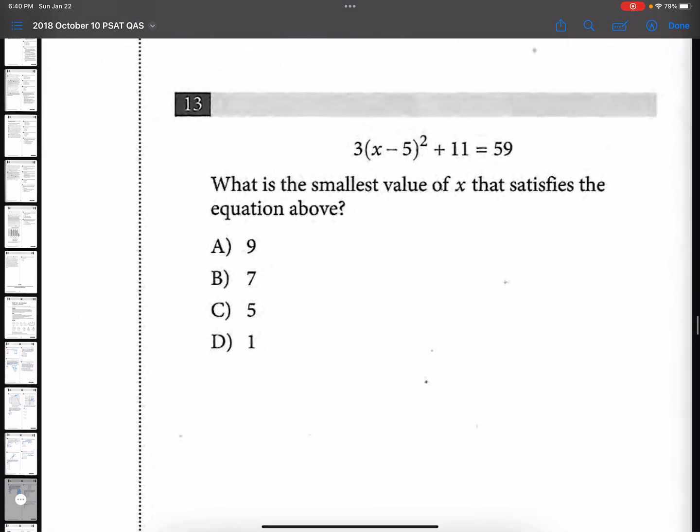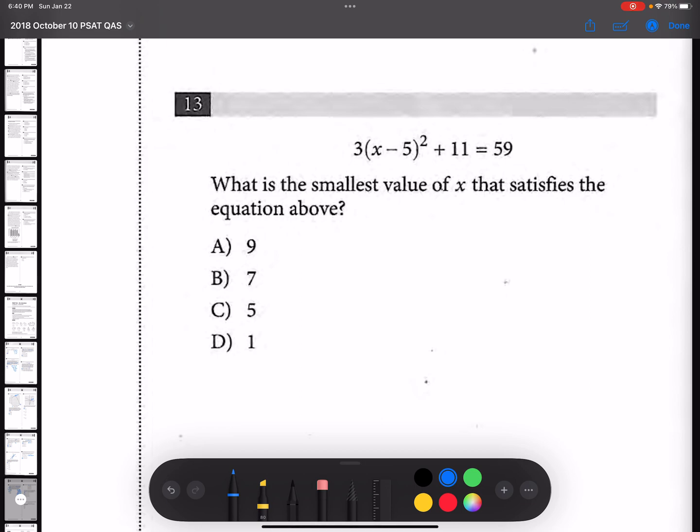Okay, 13. What is the smallest value of x that satisfies the equation above? Alright, so we're gonna first do this part. So 3 times x squared minus 5 squared is plus 25, and 2ab is minus 10x plus 11 is equal to 59.